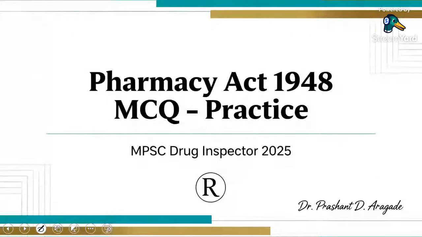So dear friends, you have to read the Pharmacy Act, that is objective of Pharmacy Act. Then you have to read about the constitutions and function of Central Council or the Pharmacy Council of India. Then you have to read about the education regulations.